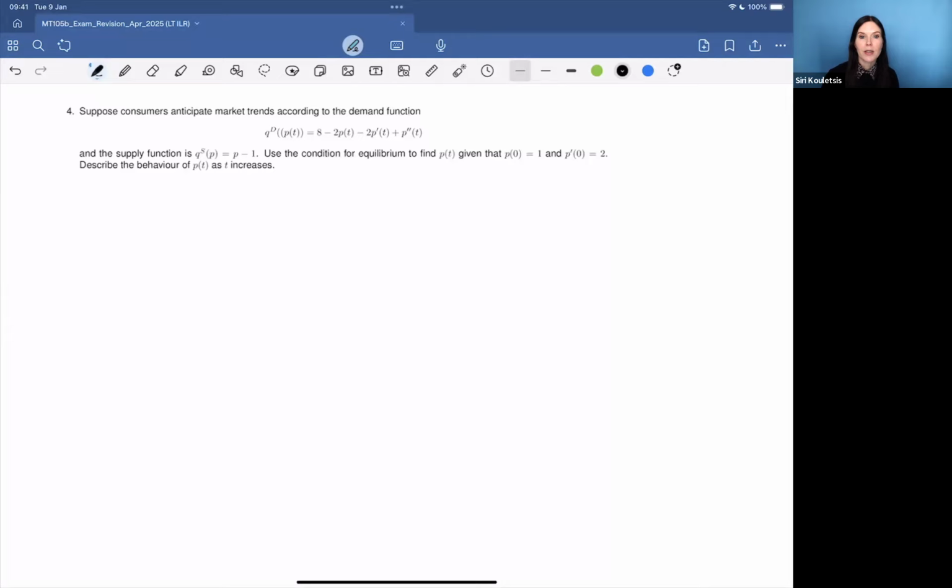The first thing we want to do is to use the condition for equilibrium to find P of t, given that P of 0 equals 1 and P prime of 0 equals 2. And once we have found that, we are going to describe the behavior of P of t as t increases.